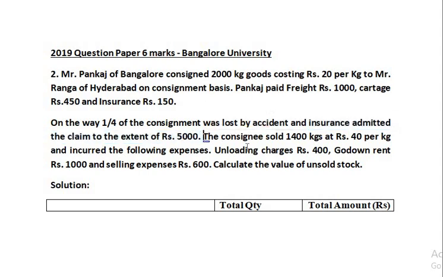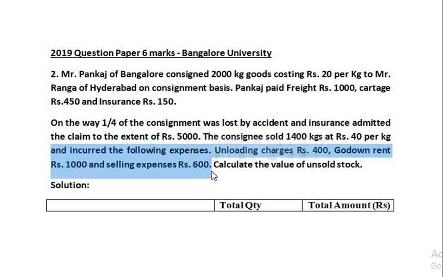The next, consignee sold 1400 kg at rupees 40 per kg. This information relates to sales. The consignee incurred the following expenses: unloading charges 400, godown rent 1000, and selling expenses 600.